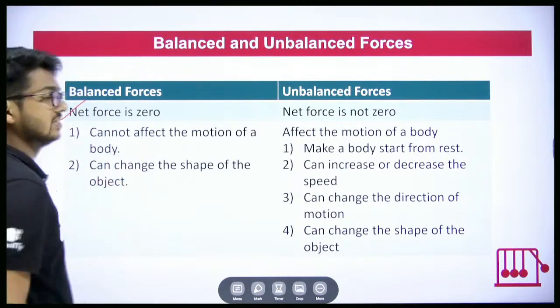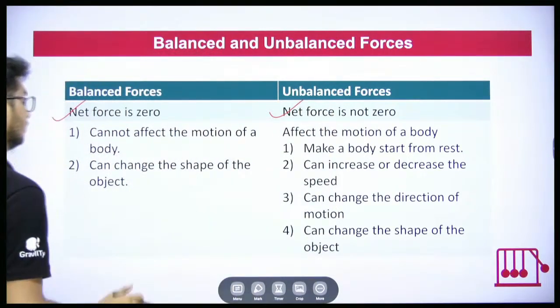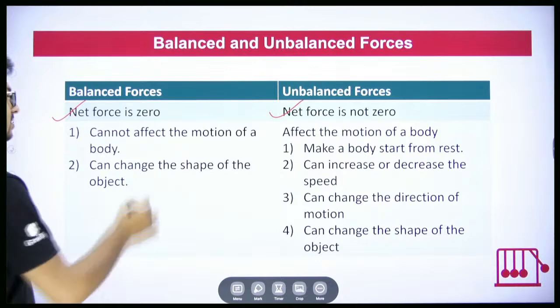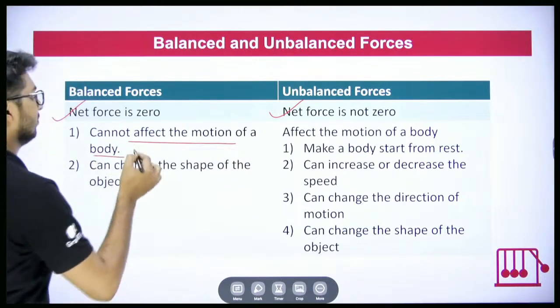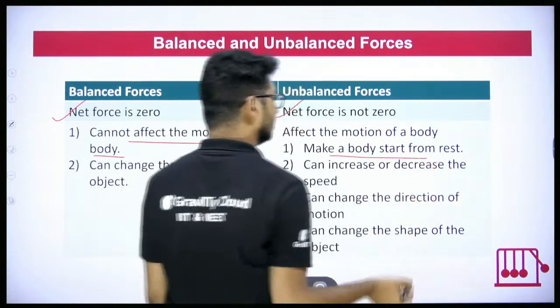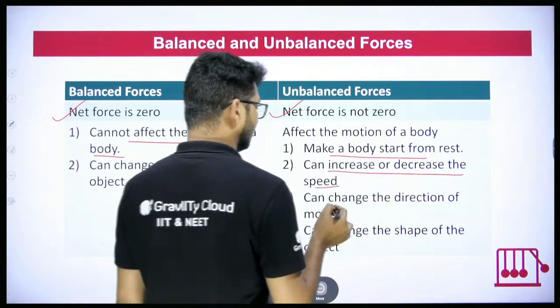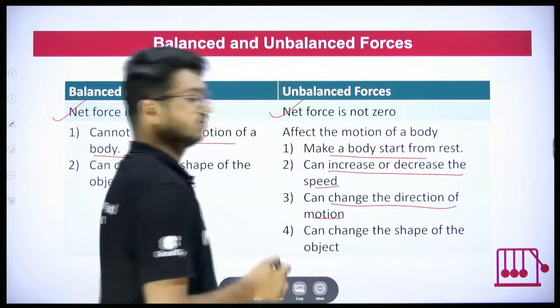Balanced forces, net force is 0. Unbalanced force, net force is not 0. Balanced forces cannot affect the motion of a body, but unbalanced forces can. They can make a body start from rest, they can increase or decrease the speed, they can change the direction of motion.